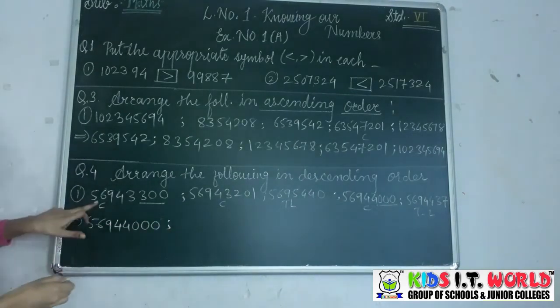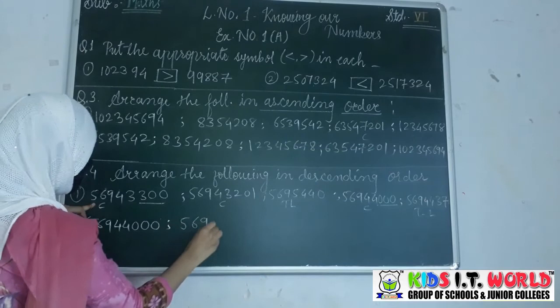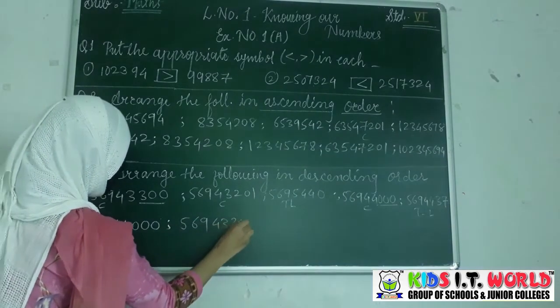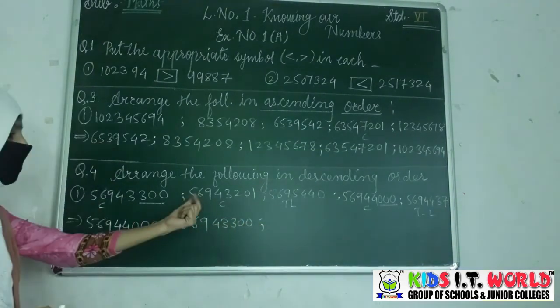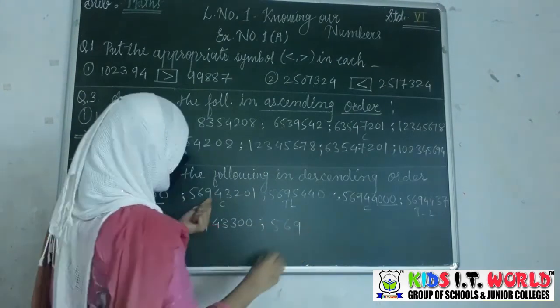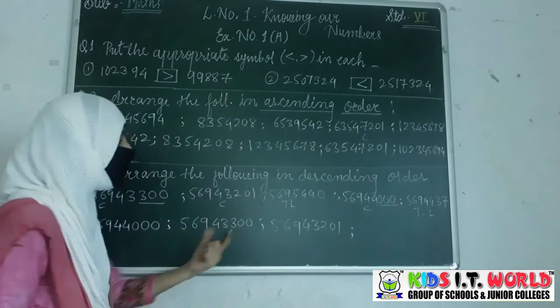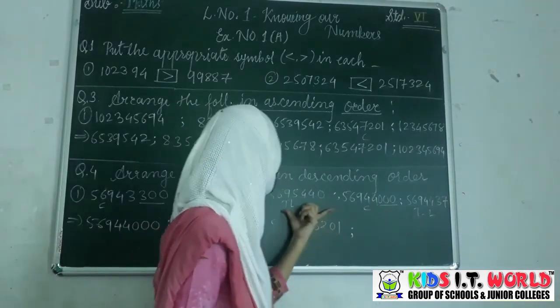Now on the second position this number will come, which is 5 crore 69,43,300. On the third position, this number 5,69,43,201. Then these two are about the 10 lakhs.